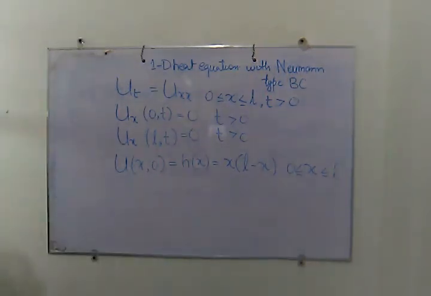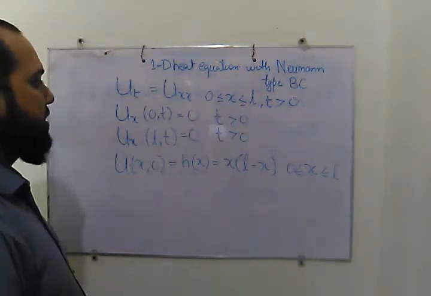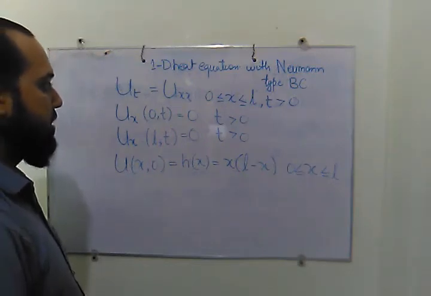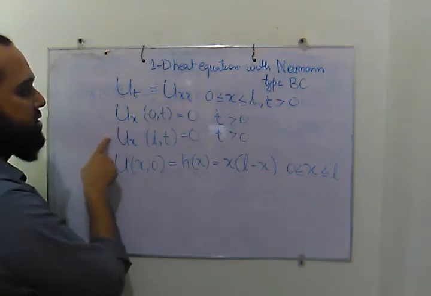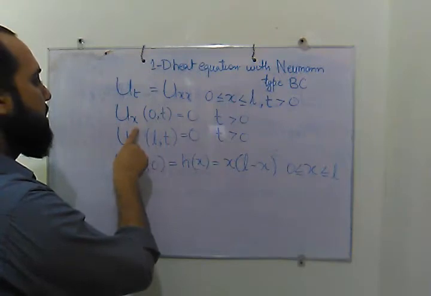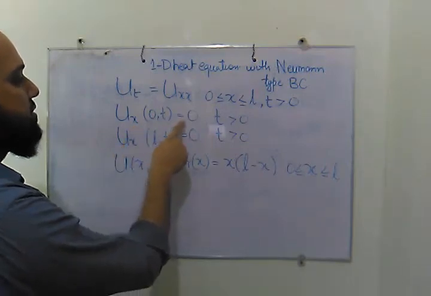we are just solving the special type of Neumann boundary conditions, in which, for the sake of simplicity, to make these boundary conditions homogeneous, we have taken the rate of change, or the flux, of the temperature as 0.